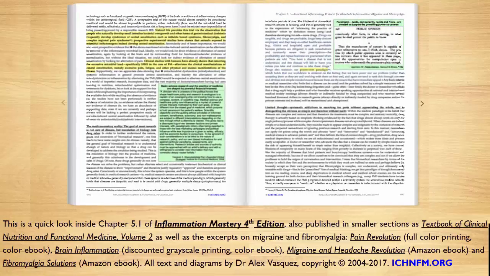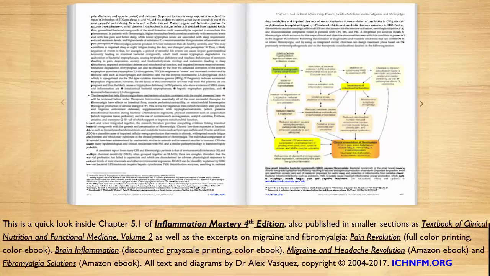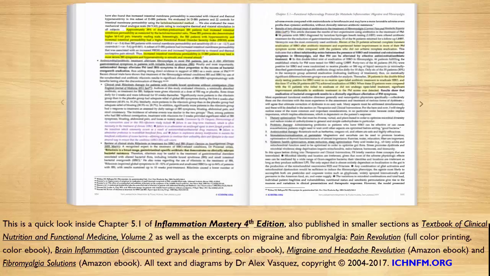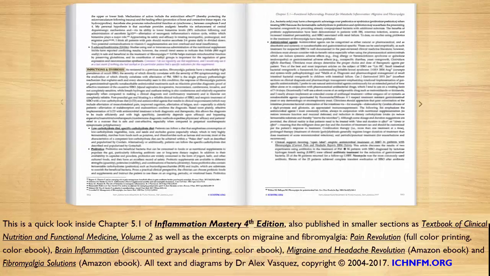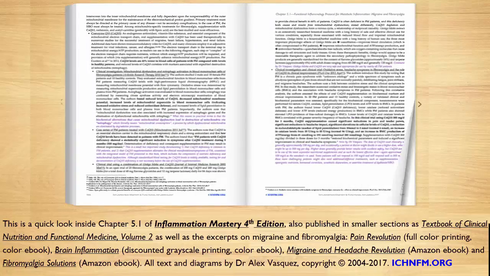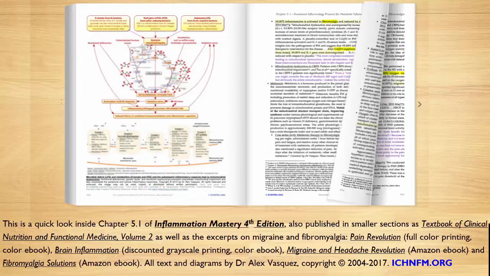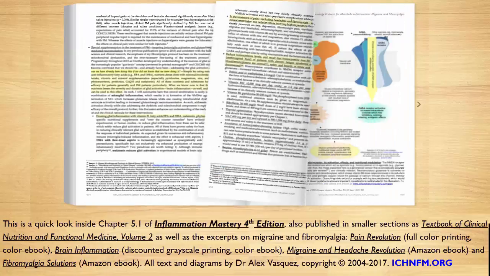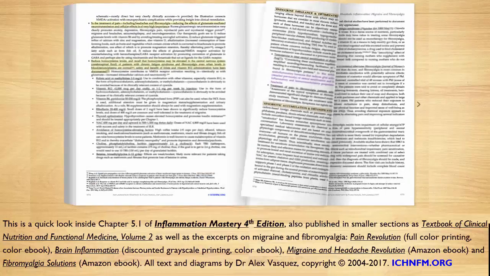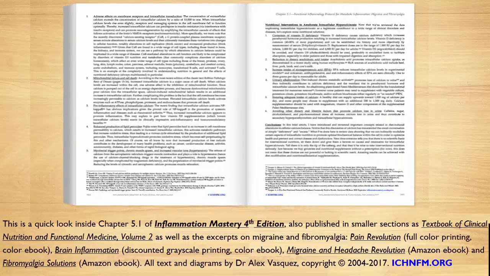Again, as we go through these pages, you'll see more diagrams here and here, more research, more emphasis, and again, of course, more citations at the bottom of just about every page. An additional diagram here on the mitochondria, more treatments, more research, and additional videos to help reinforce and give additional information on this condition, fibromyalgia.